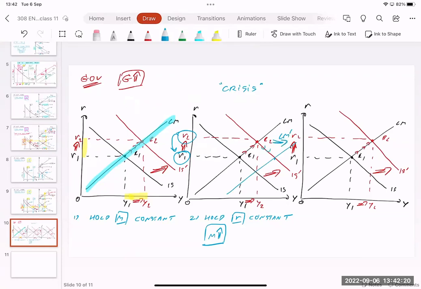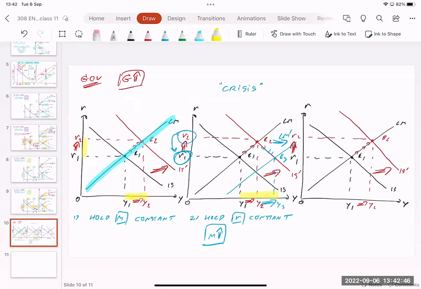Then the equilibrium point moves from E1 to E3. The real interest rate goes down to R1 again. GDP increases one more step from Y2 to Y3. So in order to hold the real interest rate constant, the central bank needs to increase M. And it's good for the economy because GDP increases two steps, Y1 to Y2 and Y2 to Y3.